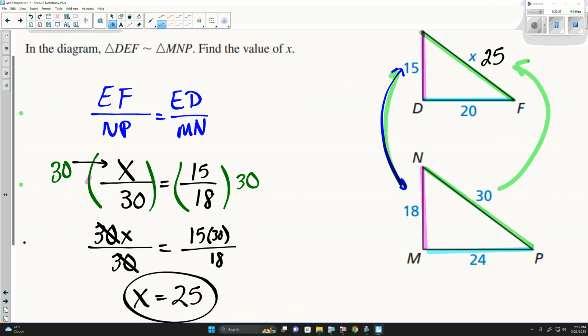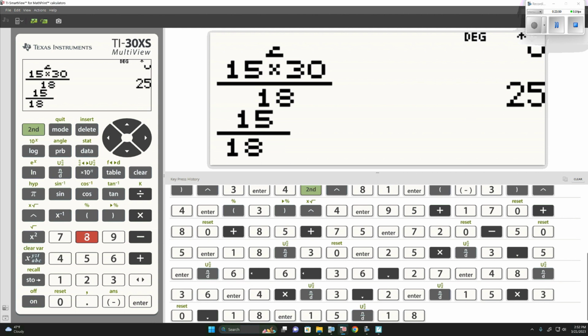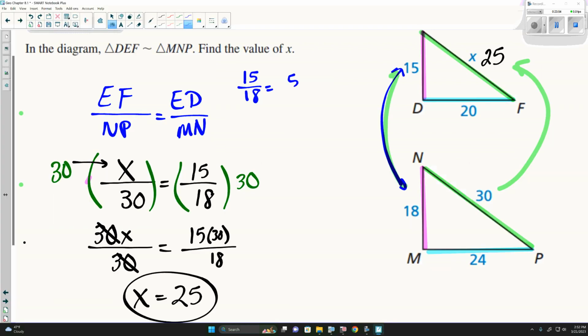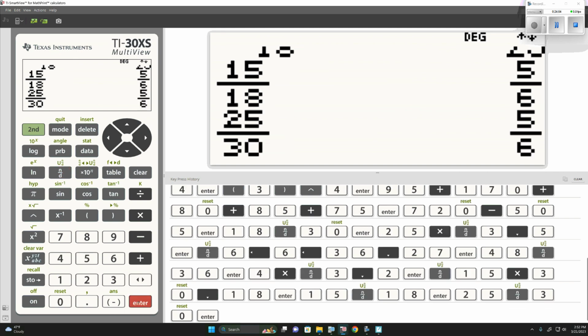And it should still contain this proportionality, because if we looked at 15 over 18, we can do this in a calculator, 15 over 18 is 5/6. 25 over 30 is 5/6.